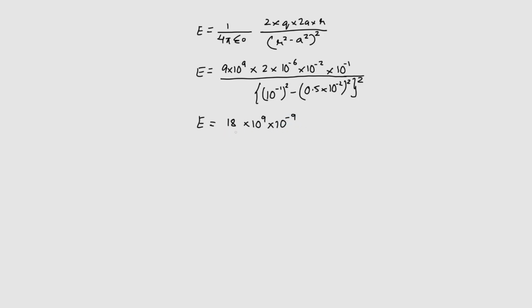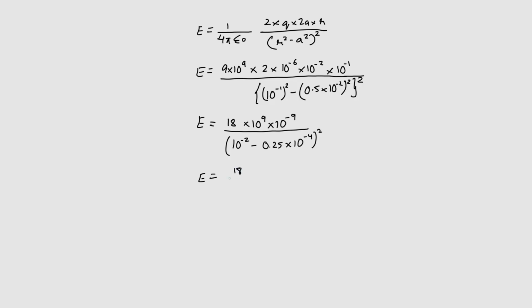Now, in the next line, 10 to the power minus 1 whole thing square gives 10 to the power minus 2, minus 0.5 square gives 0.25, and 10 to the power minus 2 square gives 10 to the power minus 4, whole thing square. E is equal to 10 to the power 9 into 10 to the power minus 9. 9 minus 9 gives 0, so 10 to the power 0, which is 1.